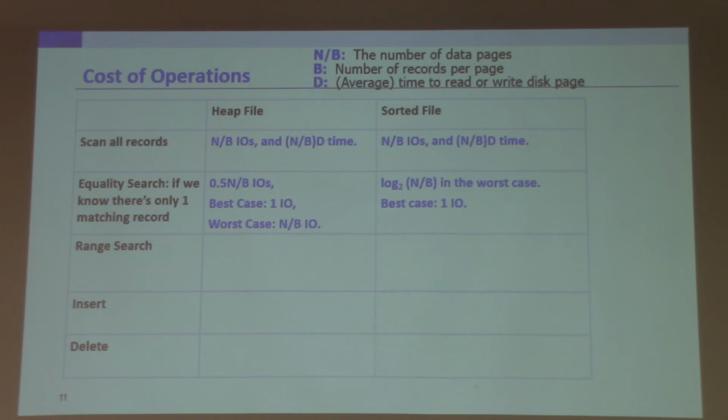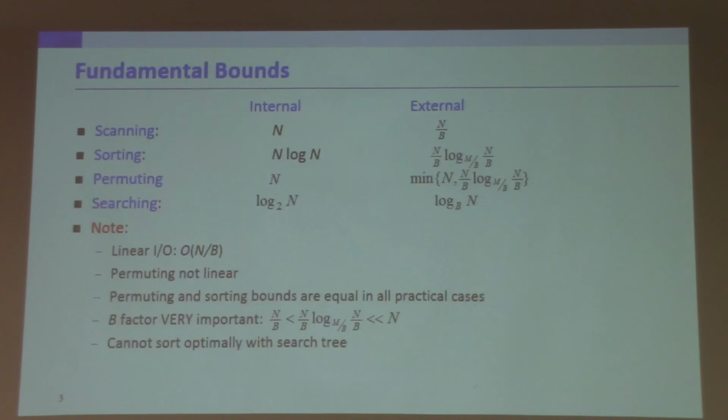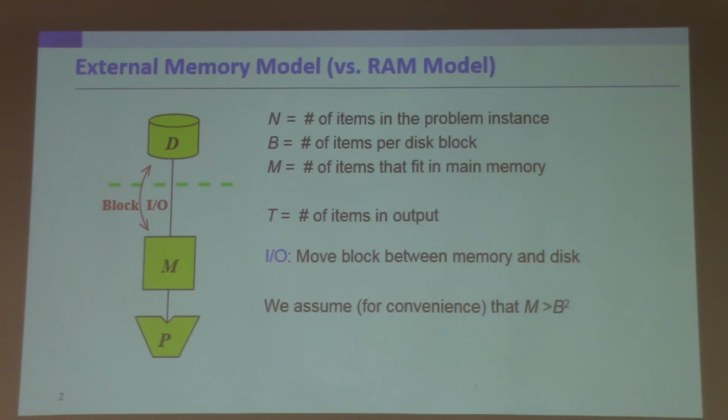And how many additional IOs depends on what, by the way? If we use T to model the number of items for a query output, remember T is obviously a variable, right? For different queries, the value of T is different.